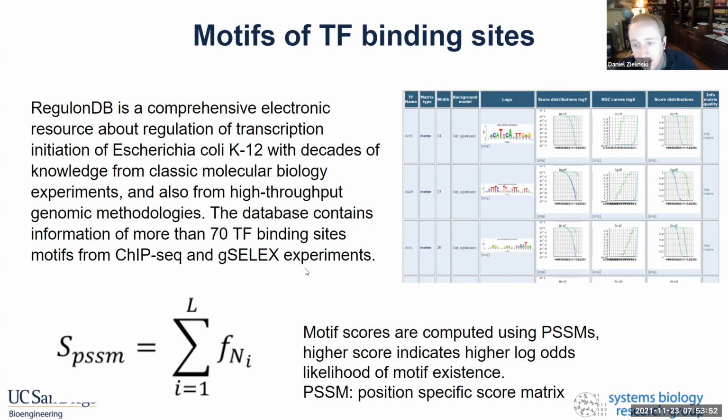You can extract motifs from those regulons and then work backwards from there. So as long as you can get a motif, you can calculate for a particular promoter whether there is a strong binding site for that transcription factor.